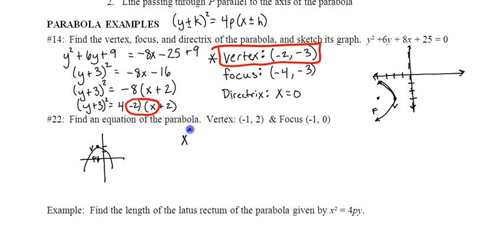So you can start, and sometimes I just write down my basic equation. X squared equals 4py. And now I have to adjust for the center of it, which, remember, is our vertex point. So that means it's going to be x, and my vertex is at -1, so I better make that a +1, squared. That equals 4 times our p-value. Well, I went down 2. Vertex to focus, go down 2.